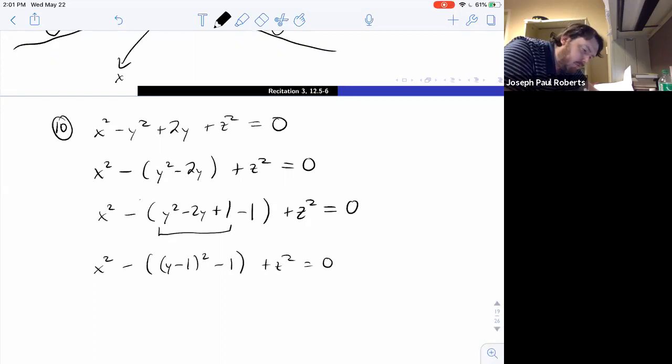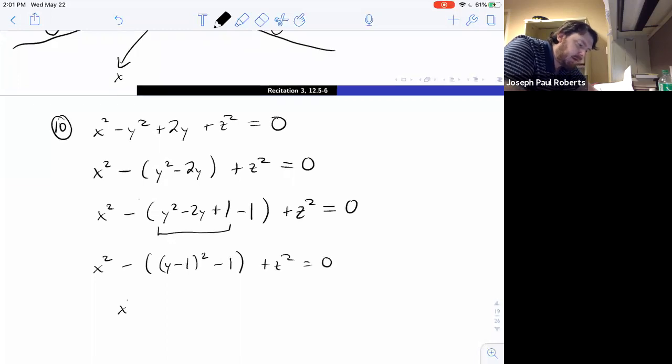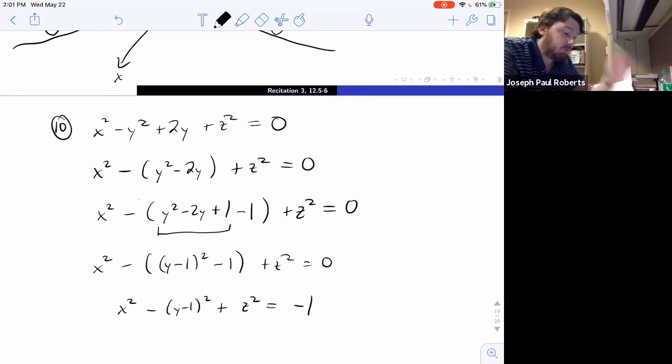And so if you're careful, then this is going to be x squared minus y minus 1 squared plus z squared equals minus 1, right? Because there will be a plus here, and then I move it to the other side, it becomes minus.